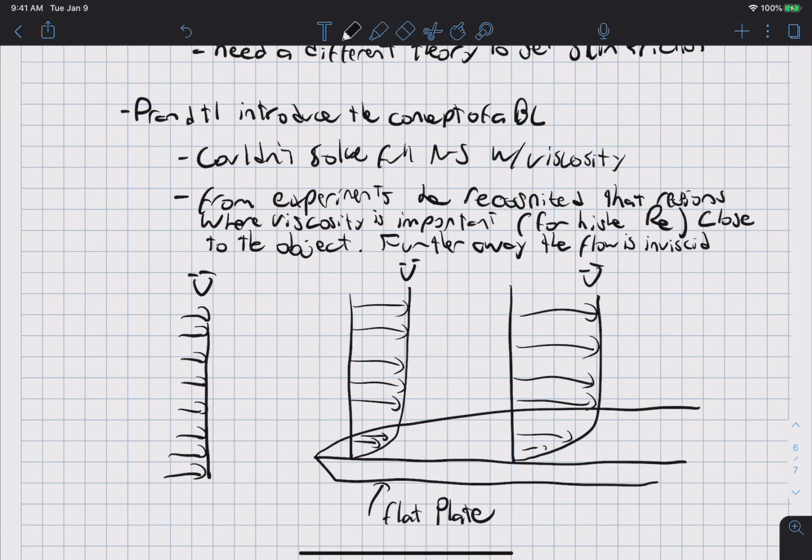What he noticed was that this height, where the velocity u is about equal to 95% of the free stream velocity, which he called delta, is actually very, very thin, and this is the region where viscous effects are important.